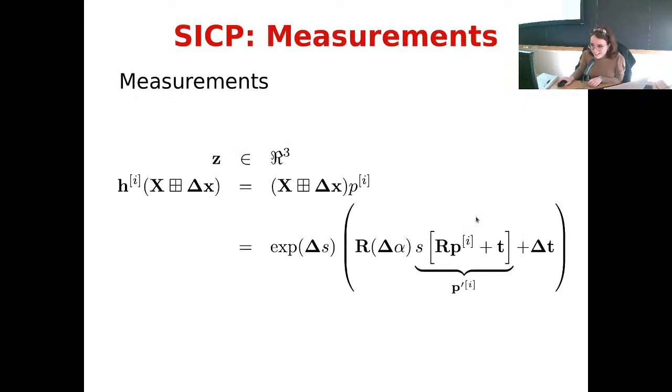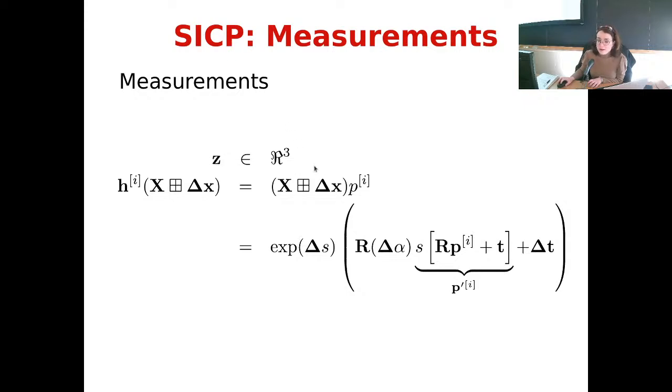Okay. So then now let us move to the measurement function. It's really simple because we have points in the world frame indicated by pi, and we want to get points in the robot frame, because measurements are in the robot frame.